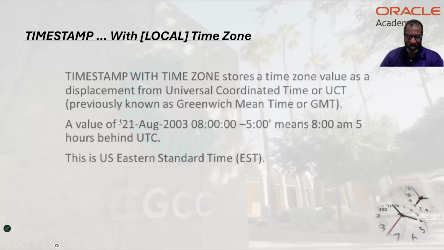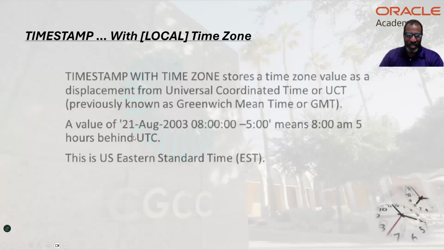Let's see what we're going to talk about. Timestamp with time zone stores a time zone value as a displacement from the universal coordinated time. You probably didn't know what the UTC meant until now, or the Greenwich Mean Time. Basically the same thing, basically London.